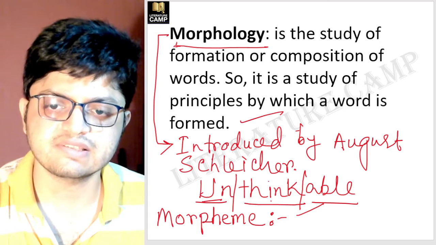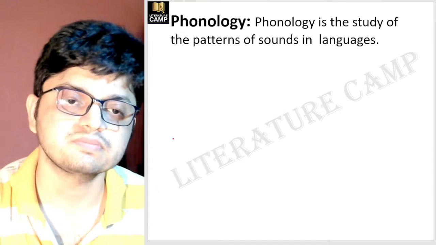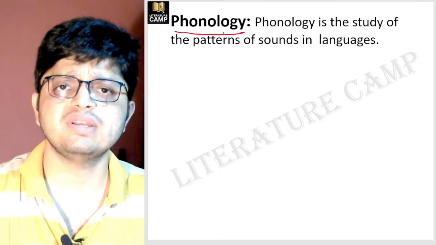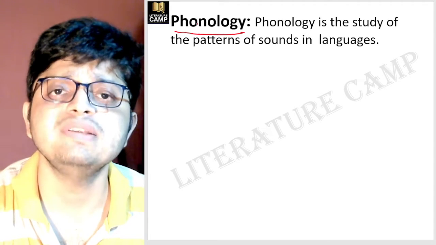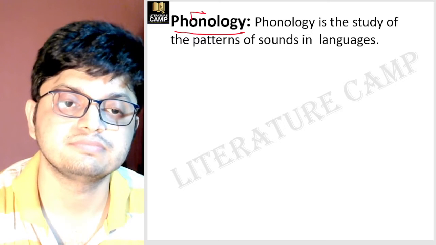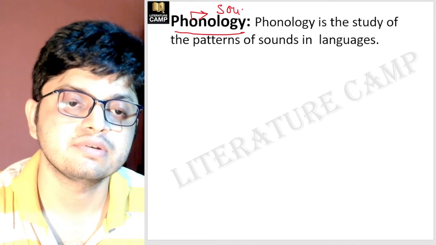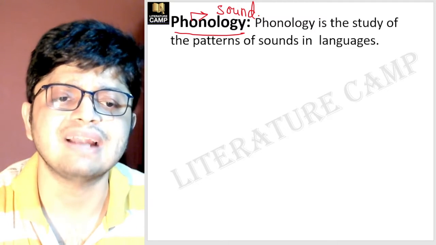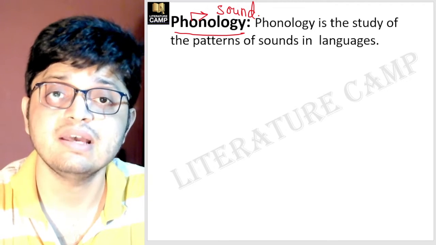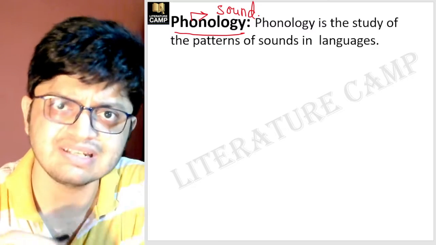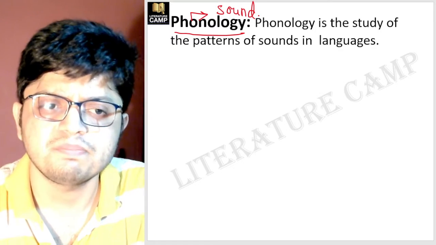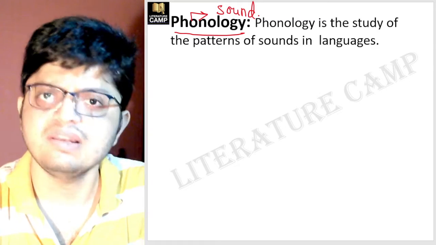Next concept is phonology. What is phonology? By the word itself, we can understand phone means sound. So it is the study of sound. Phonology is the study of patterns of sound in languages, not in a particular language, but in languages.